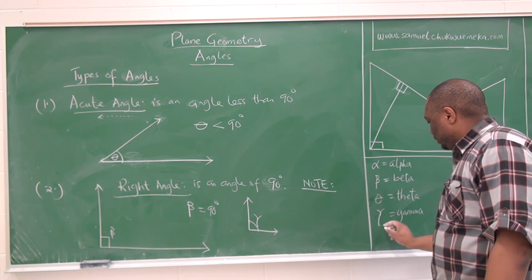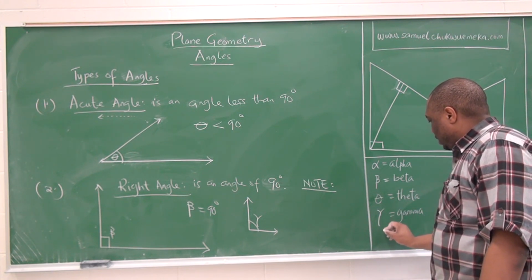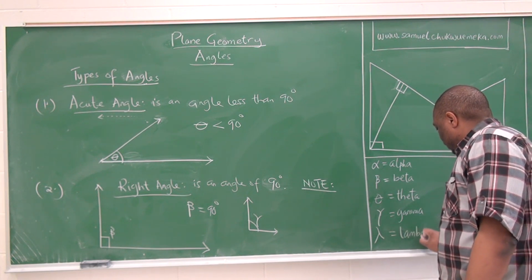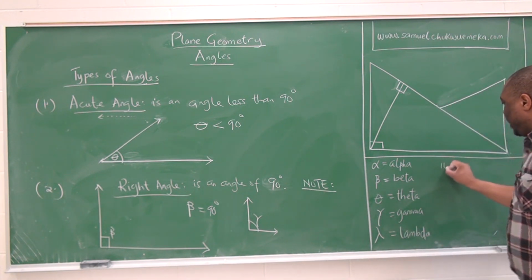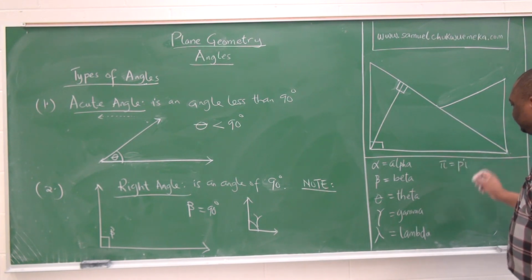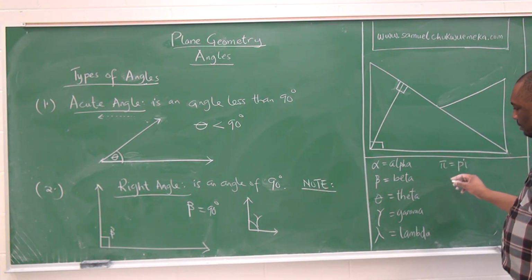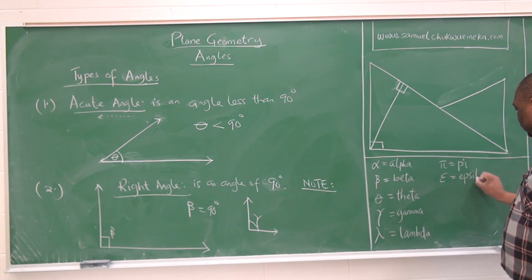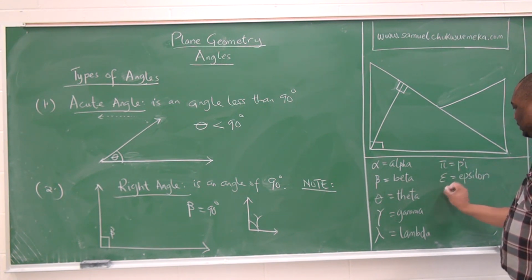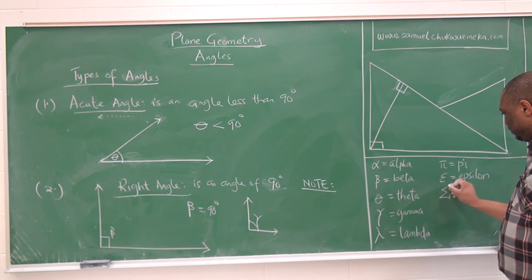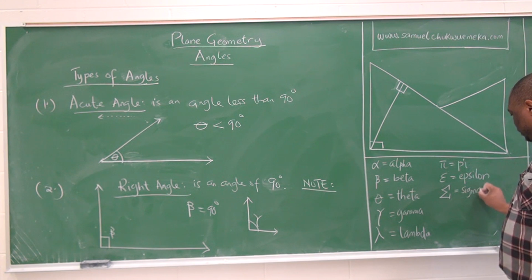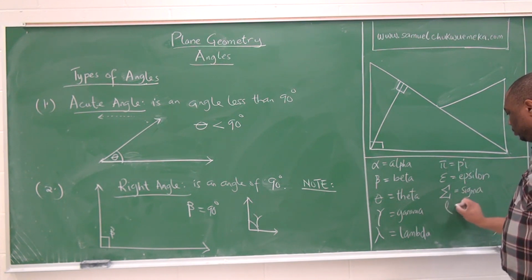This is lambda. This is pi, of course, you know pi. This is epsilon. This is sigma. This is rho.